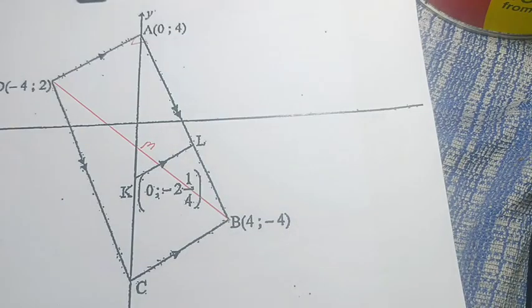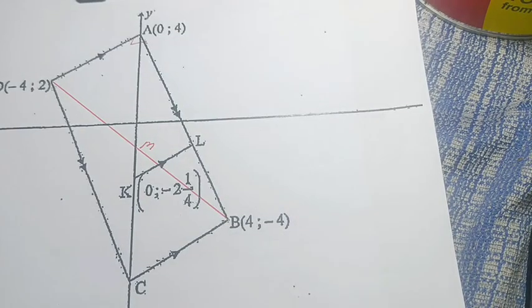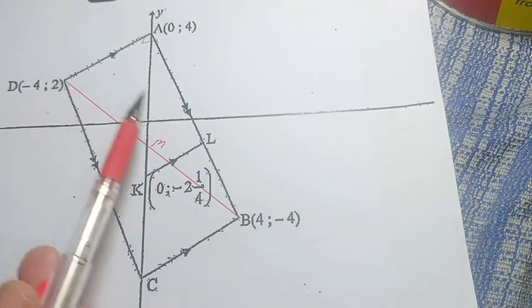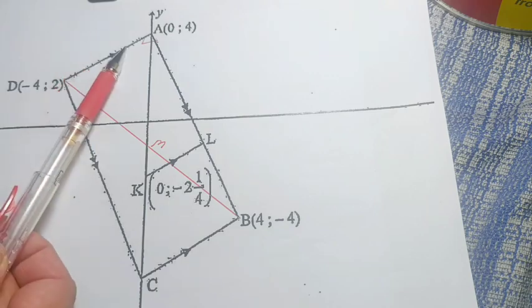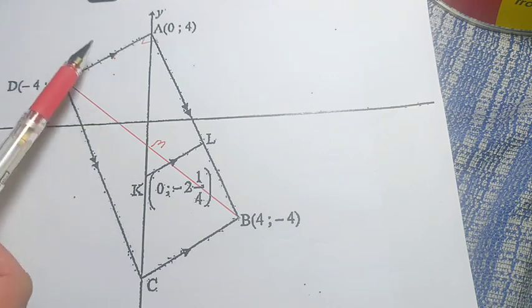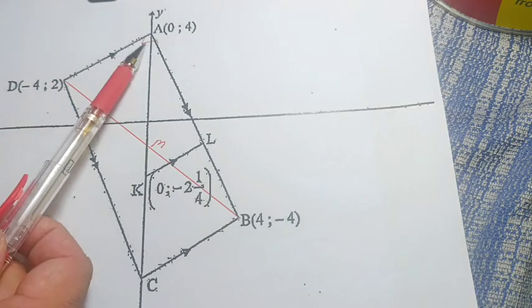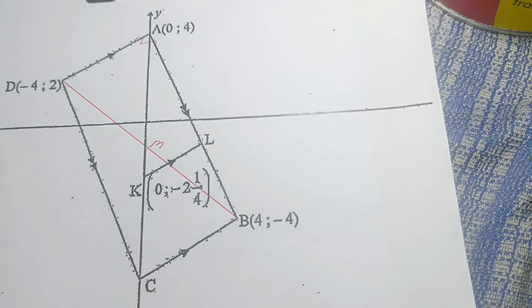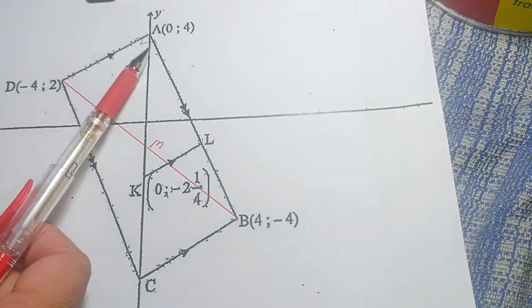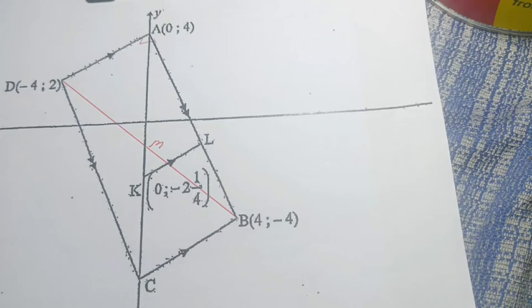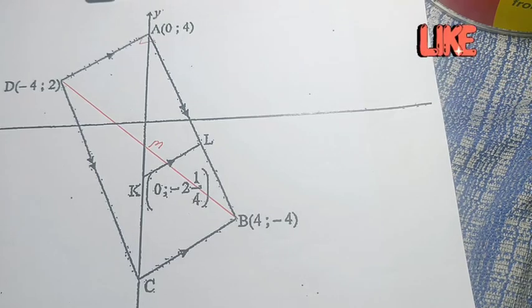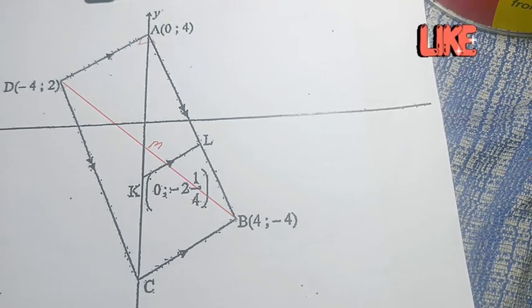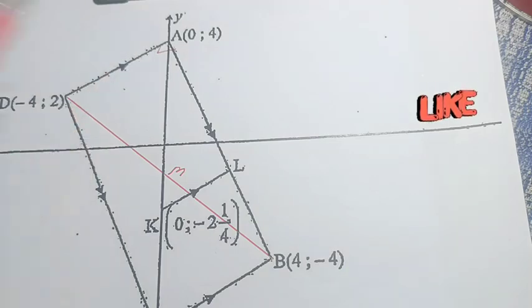So angle A is 90 degrees, because these two adjacent sides share the vertex, and AD is perpendicular to AB. Therefore, we can say ABCD is a rectangle because the corner angle A is equal to 90 degrees. In a rectangle, you need to prove that any one of the corner angles is equal to 90 degrees, and we proved that angle A is equal to 90 degrees.